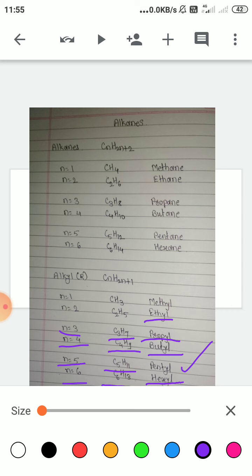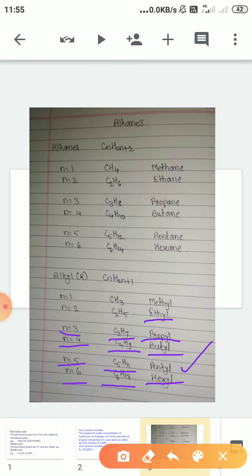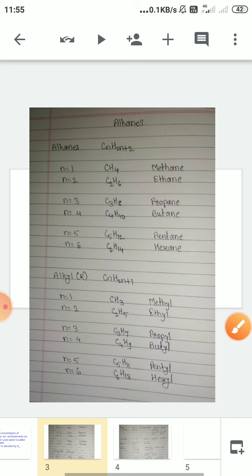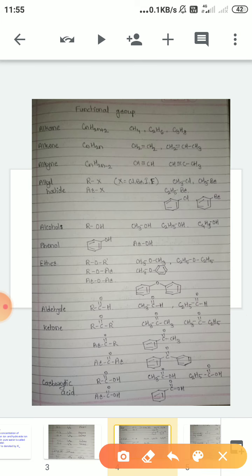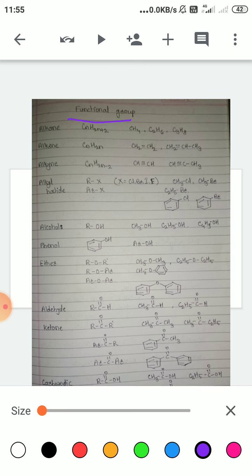Now we are going to see the functional groups. First, what are functional groups? If we consider alkanes, that is CnH2n+2, and we replace one or more hydrogens of the alkane by another atom or group of atoms, such groups are called functional groups, and they have their characteristic properties.